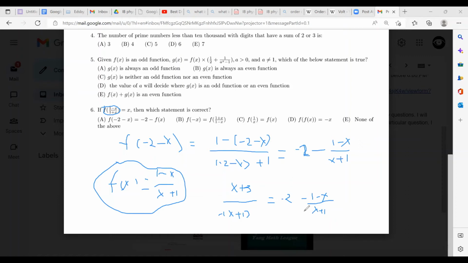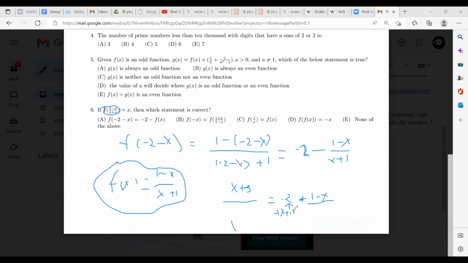Let's multiply negative (x plus 1) on both sides. So what happened is this thing would cancel out, and you will get a negative in front of this expression. So I'm going to make this a positive. And this thing will be multiplied by negative (x plus 1).